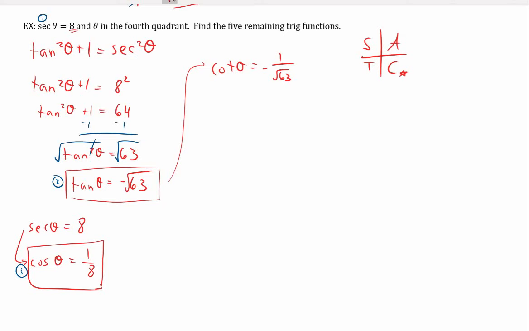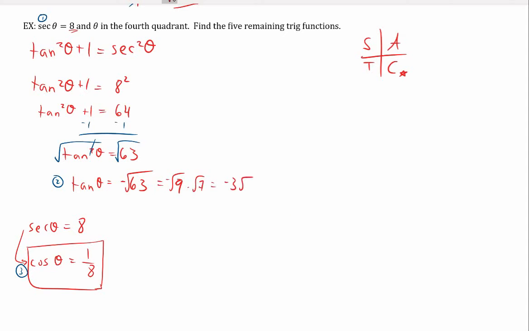Before we do that reciprocal, hopefully you noticed that this radical can simplify. That would be the square root of 9 times the square root of 7, which gives us negative 3 square roots of 7. So a better representation of that value would be negative 3 square roots of 7.